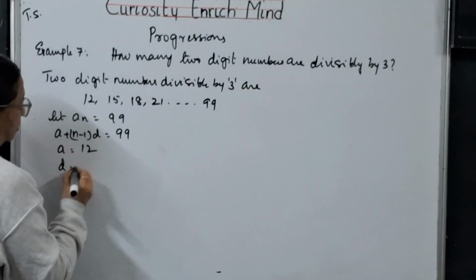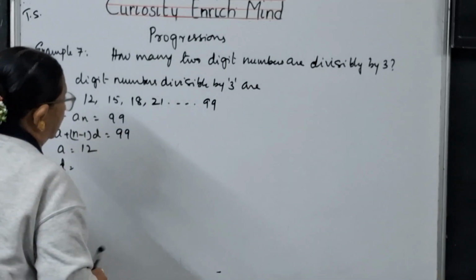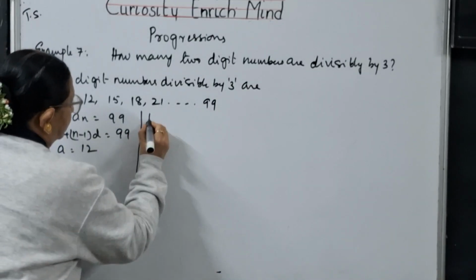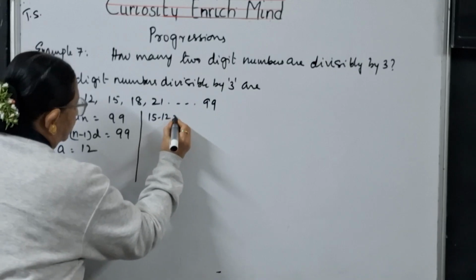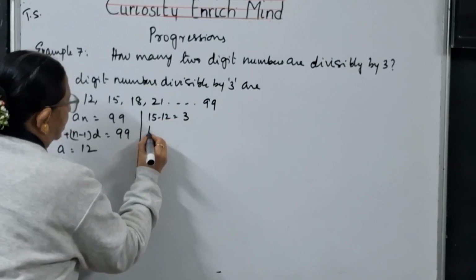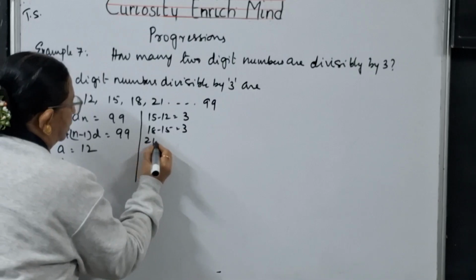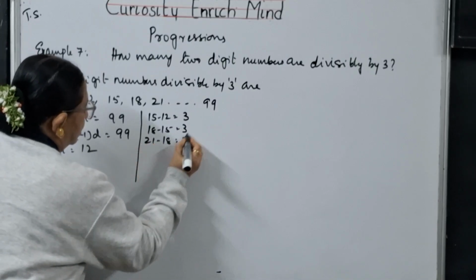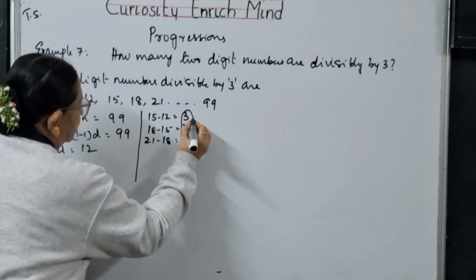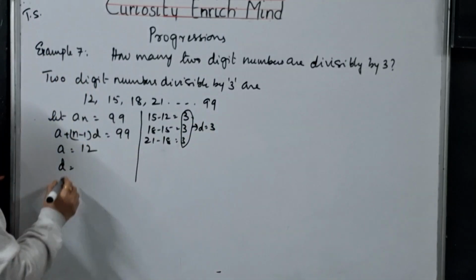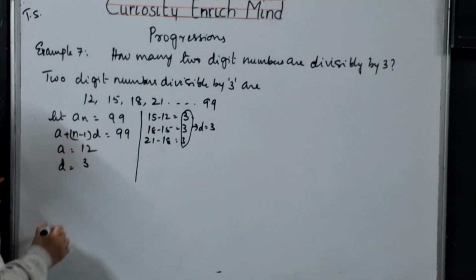And what is D? To know D, let us find out the difference between the consecutive terms. 15 minus 12 is 3, 18 minus 15 is 3 and 21 minus 18 is 3. So you are having all these as the same. So common difference is 3. So you will be writing common difference as 3.